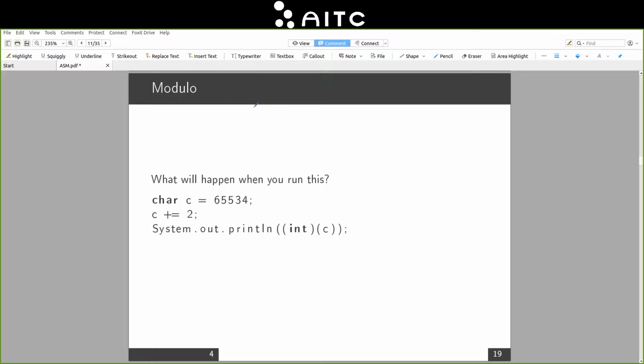What about c += 2? It means c equals c plus 2.